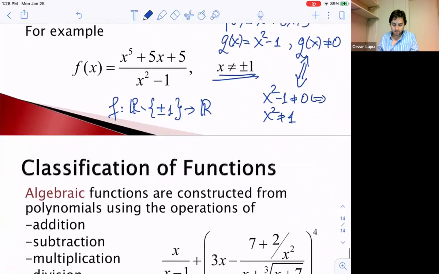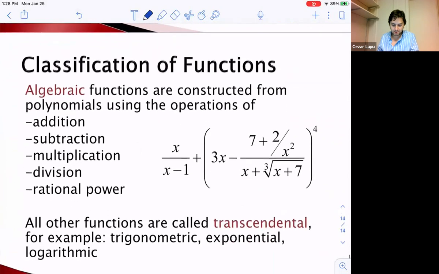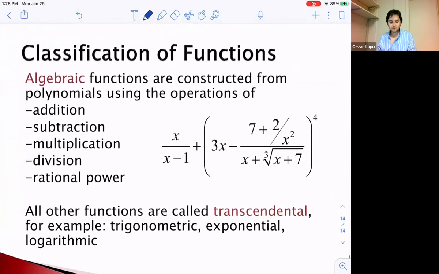All right, and now last but not least, algebraic functions are constructed from polynomials using the operations of addition, subtraction, multiplication, division, or rational power.